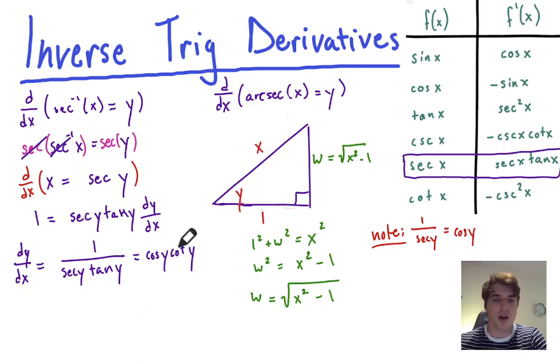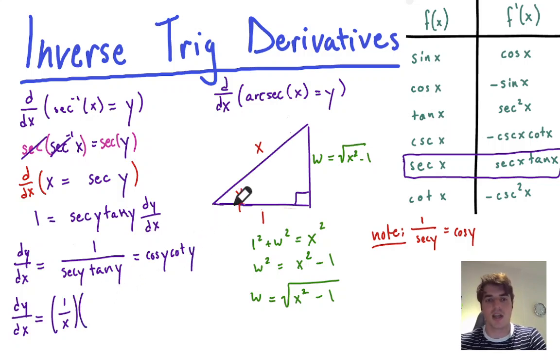So the cosine of y is the adjacent side over the hypotenuse, 1 over x, and the cotangent of y is the adjacent side over the opposite side. So 1 over the square root of x squared minus 1.